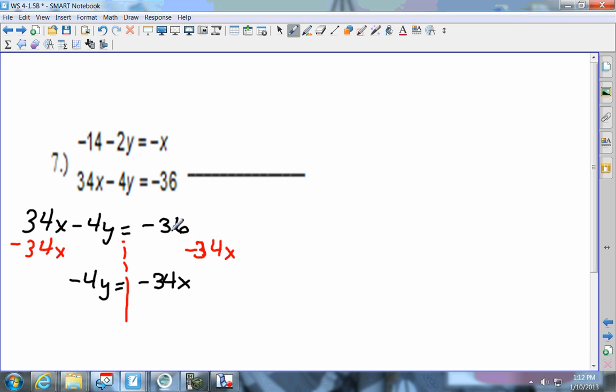Remember, these two things can't go together. They have to stay separate. Then I need to divide by negative 4. And this gives me y equals. Now, I know a negative divided by a negative is a positive. I don't think this goes in there very nicely and evenly.